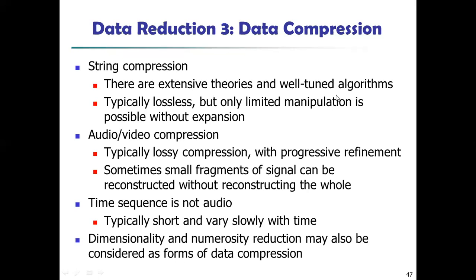In string compression you use lossless compression, whereas in audio and video compression you use lossy compression with progressive refinement. Sometimes small fragments of the signal can be reconstructed without reconstructing the whole. And the third one is time sequence, which is not audio, typically short and varying slowly with time. Dimensionality and numerosity reduction may also be considered as forms of data compression.